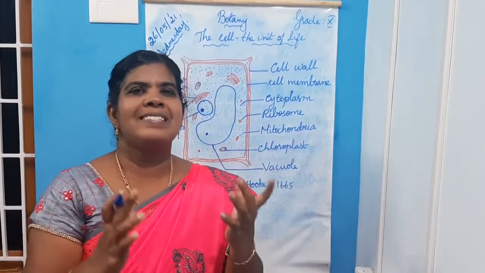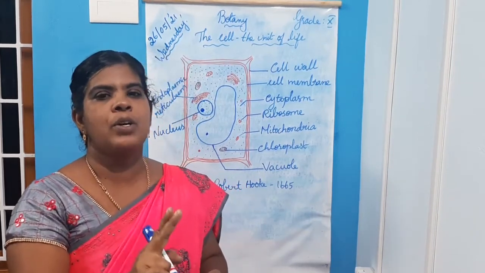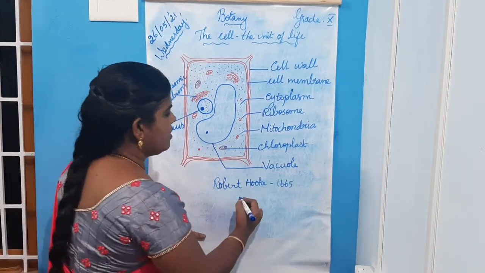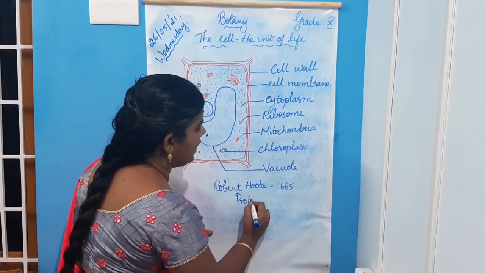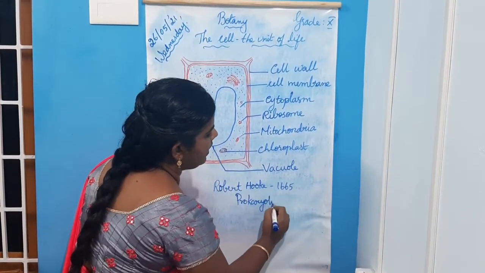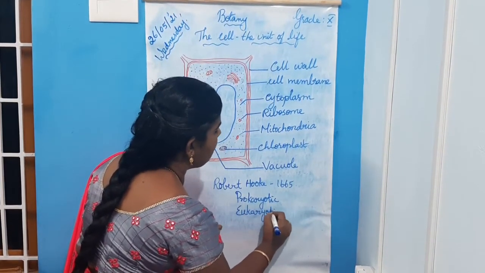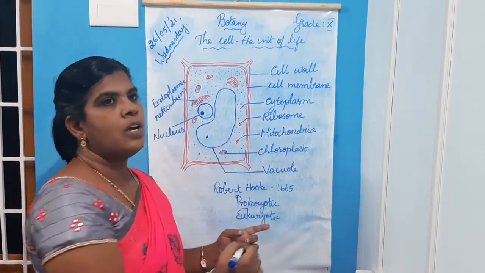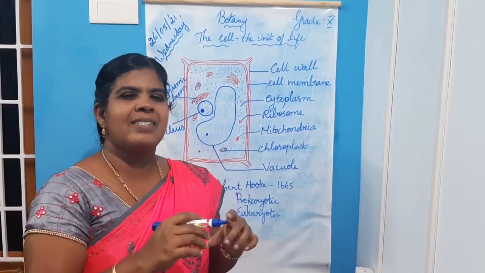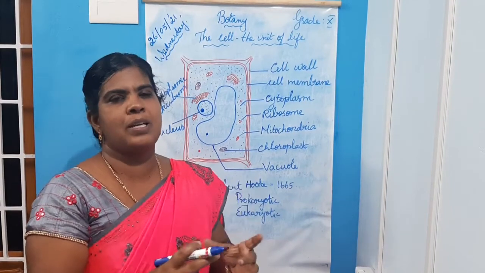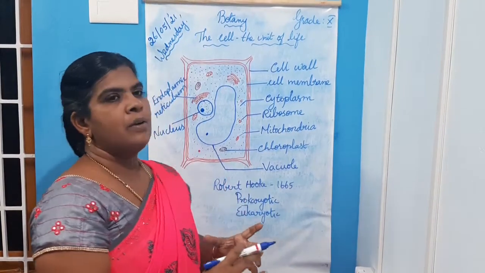Based on cellular organization, there are two types of cells, namely prokaryotic and eukaryotic cells. Prokaryotic: pro means primitive, karyon means nucleus. The cells do not contain a definite nucleus, that is, the nucleus is without a nuclear membrane.